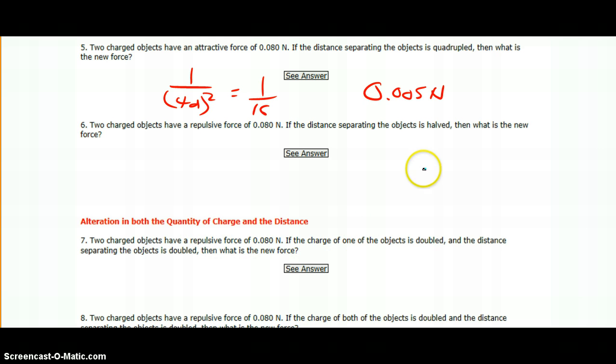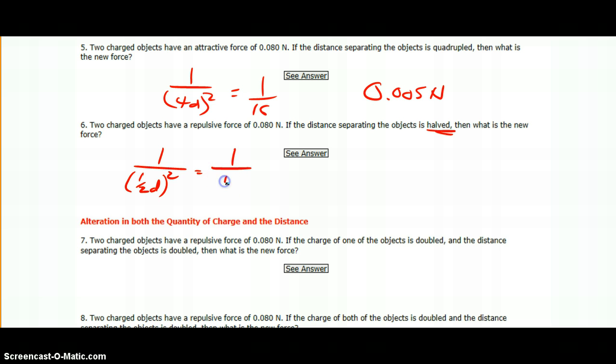Okay, 6. Now we have the distance. Now this can get tricky. We're getting closer, so I should expect my number to go higher. Whenever you get closer, the value of the force should go larger. The reason that works out is it's 1 over 1/2 times the distance squared. Now 1/2 squared is 1/4, mathematically speaking. This is where a good knowledge of fractions and ratios comes in.